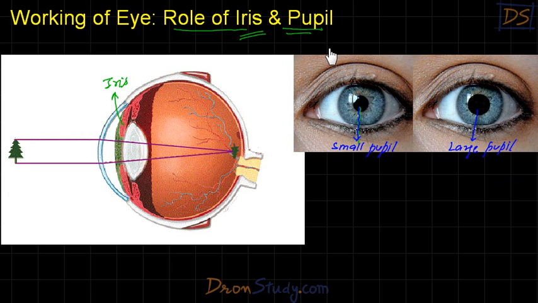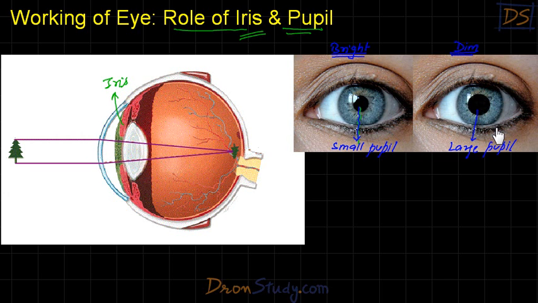When we are sitting at a very bright place, where there is a lot of light, our eye is like this. And when we are sitting at a dim place, maybe in a dark room or a cinema hall where there is very little light, then our eye is like this.